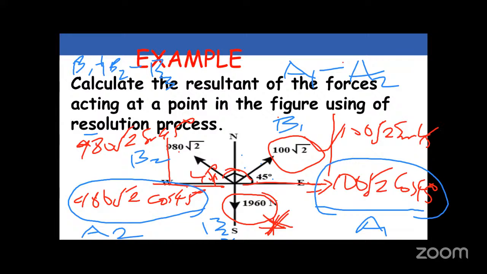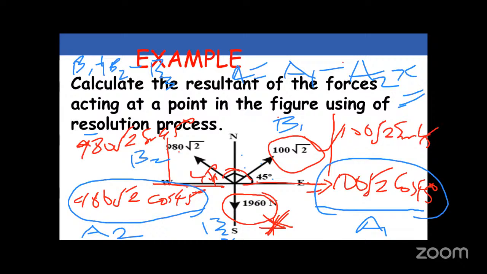So coming back to A, A1 is 100 times square root of 2 cos 45 minus 980 square root of 2 cos 45. So that will give you answer for A. Then that is horizontally, that is x-axis.